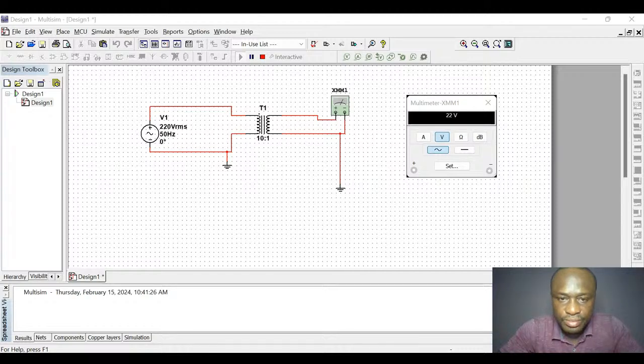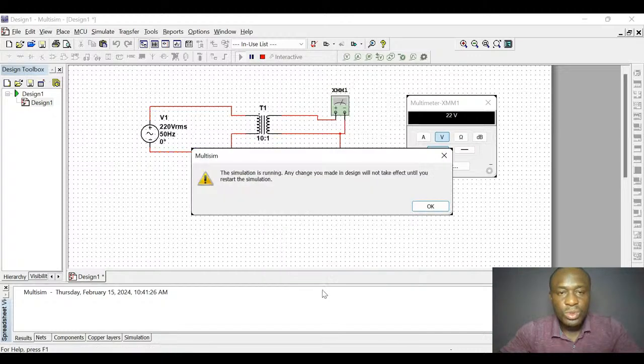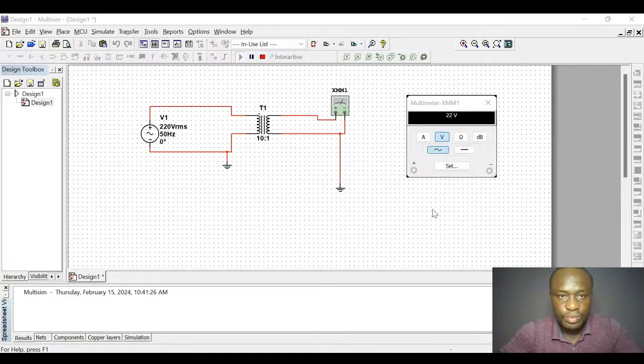Like I said, before we did it for 120 volts, but I changed it to, let's try the 120 volts again. I don't know where the screen stopped sharing, but let's try it again. Because at the primary side it has 10 turns, the secondary side has 1 turn.